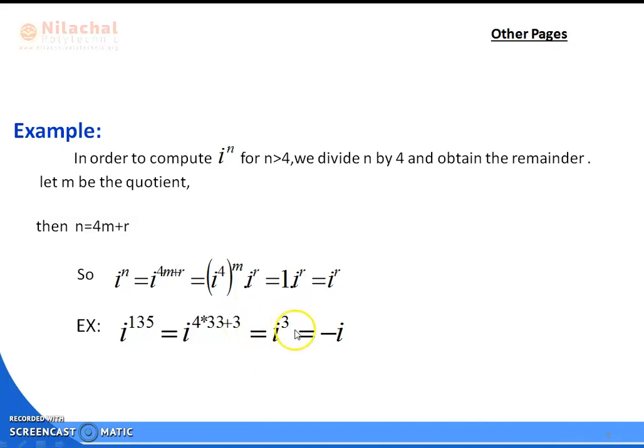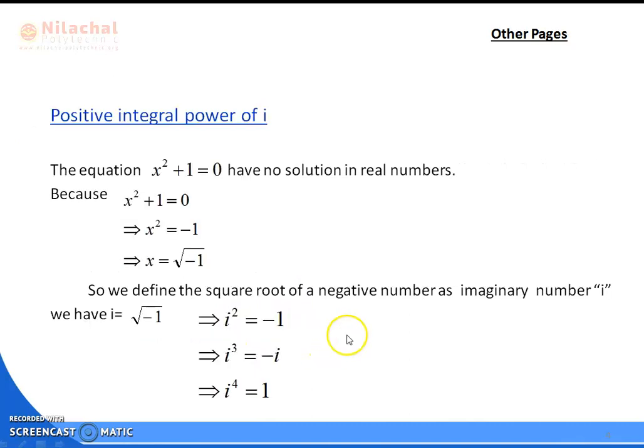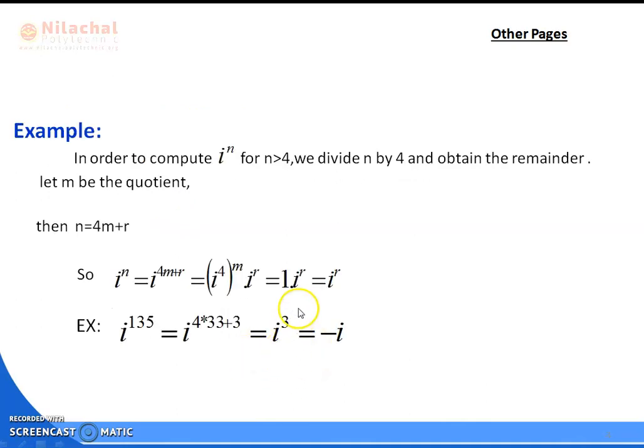So i to the 3, we know that is minus i, because previously we have discussed i cube is minus i. Clear? So we can apply here i to the power 3 equals minus i. So any question of this format, your answer will be among 4 values: either 1, minus 1, i, minus i. Okay, so this is all about your i.